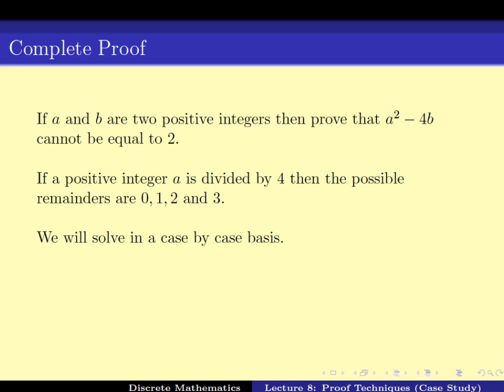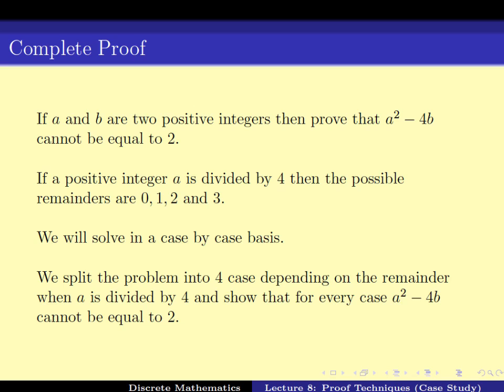And then we solve the problem on a case-by-case basis, and we prove that for each of the cases, it cannot be equal to 2. So this is a typical case study problem where we split the problem depending on the assumptions. We will see more of this technique in the next video also.